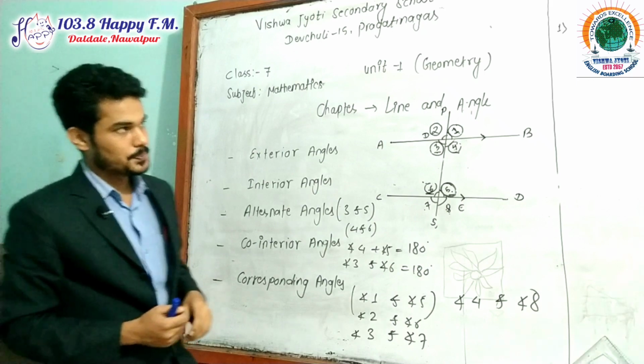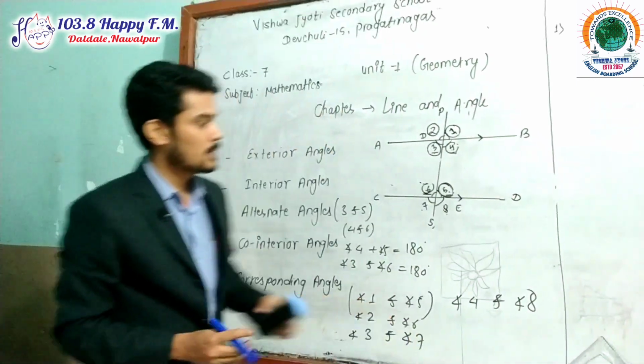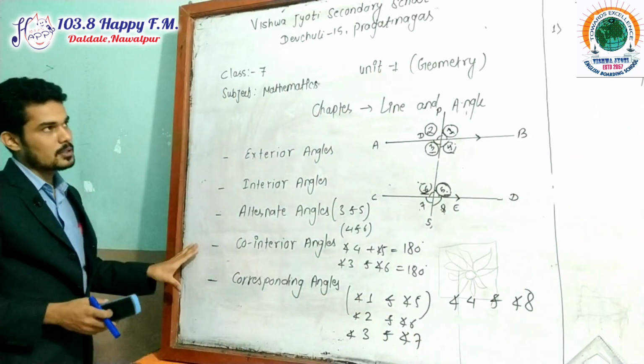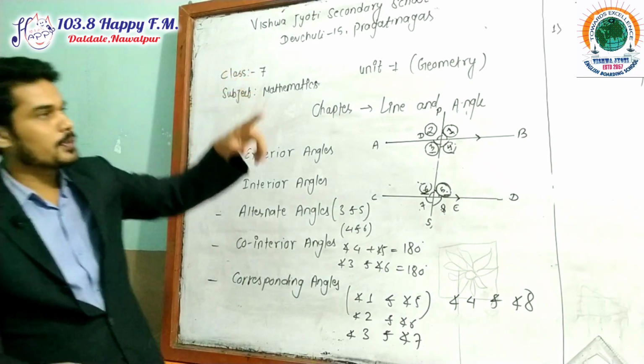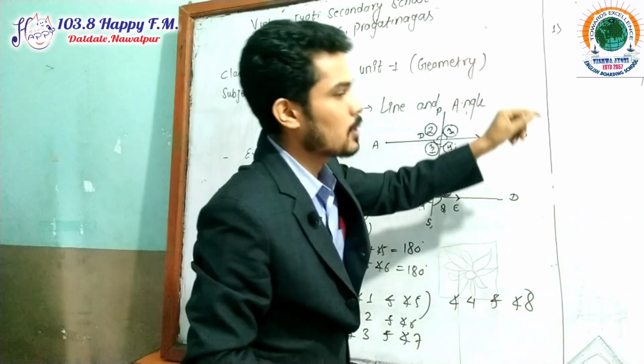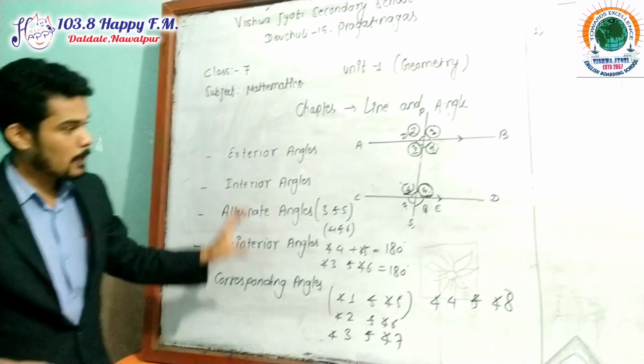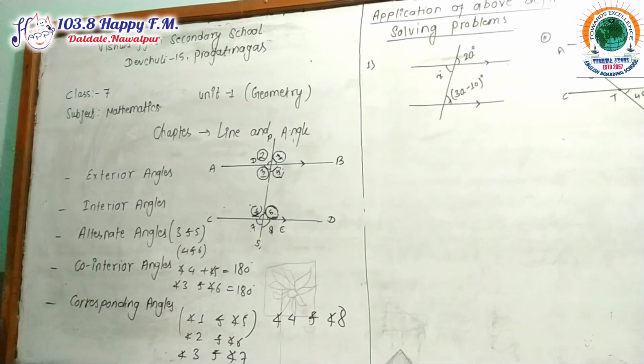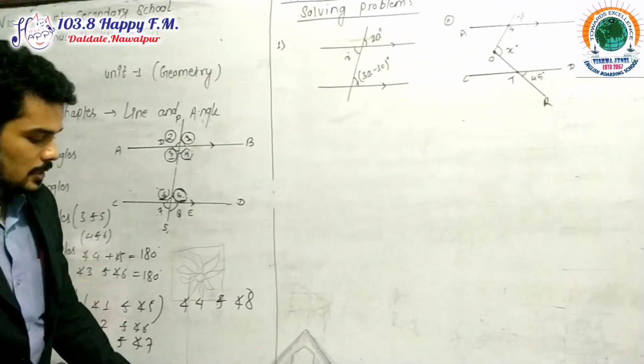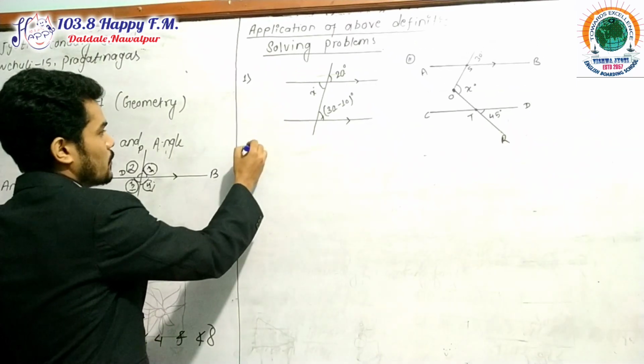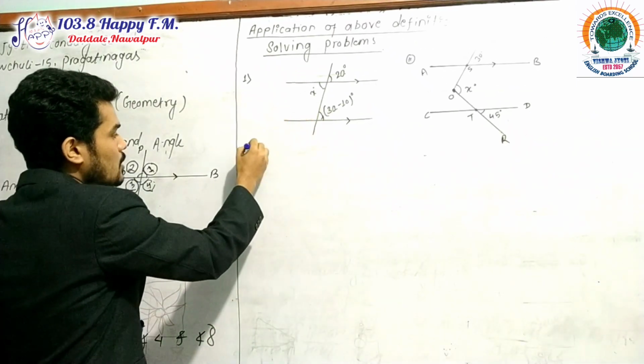Okay, now let us understand the application of the above definition in solving problems. How can we apply this in solving problems? Here, in the first example, we have to find the values of a and x.